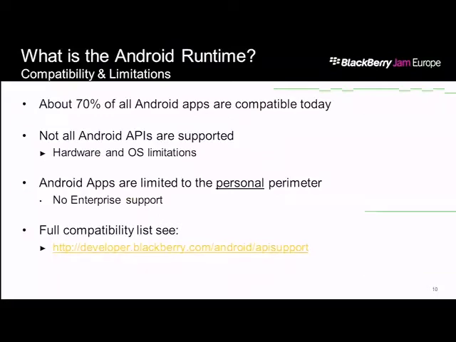We do support the Google payment APIs, and they are mapped through the runtime all the way to our BlackBerry World payment engine. Of course, you need to set up your products, your virtual goods, in BlackBerry World as well. But wherever it makes sense, we see how we can support those APIs, and it's a question of time and, as I mentioned, priorities to make that support available.